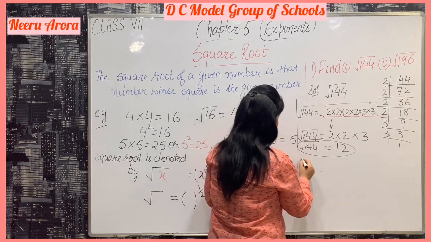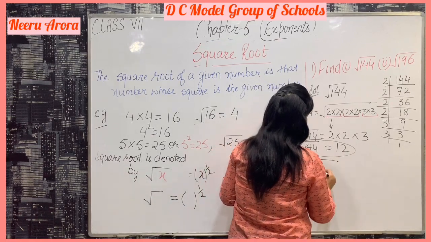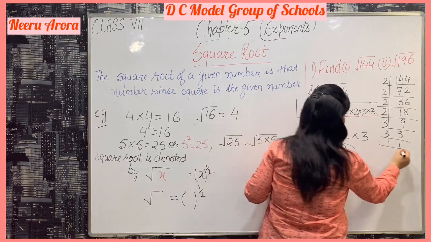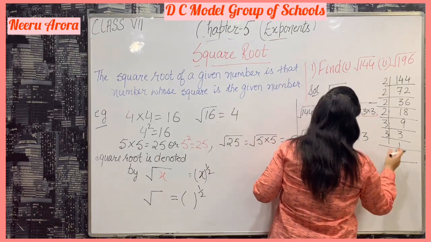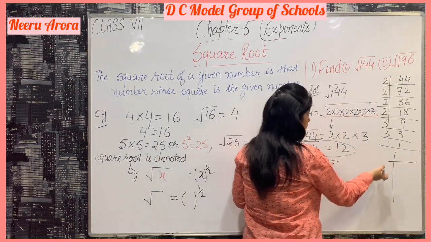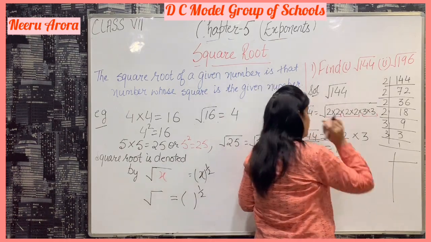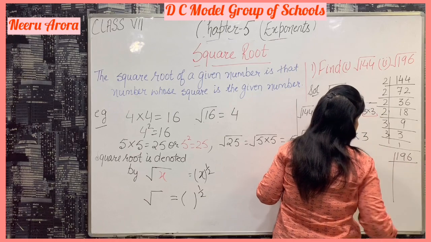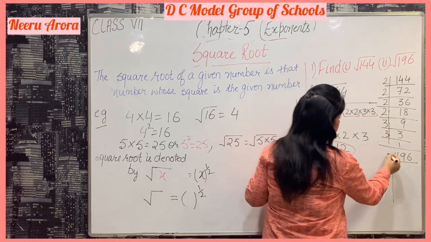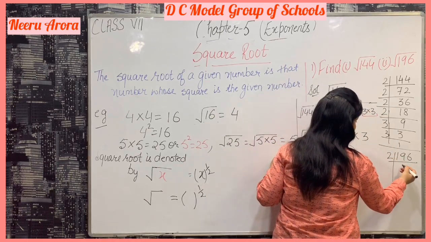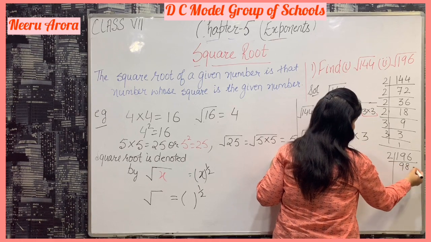Let's do the second part. Square root of 196. Again we will find the product of prime numbers. We will express 196 as a product of prime numbers. So 196 is divisible by 2. So 2 9s are 18, 2 8s are 16.